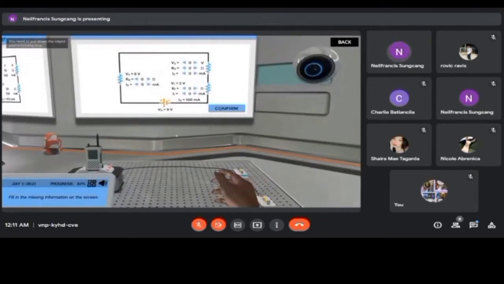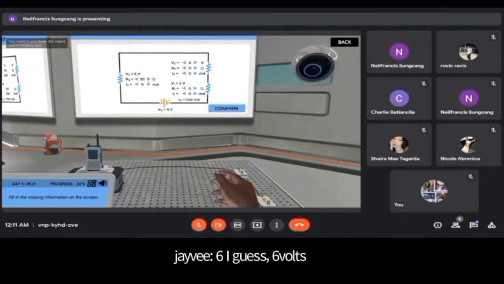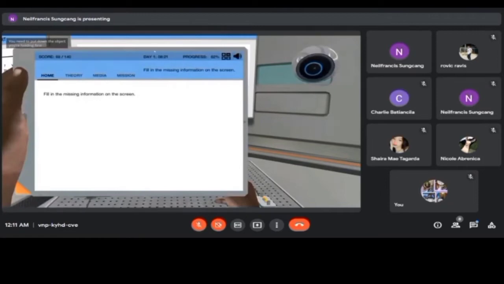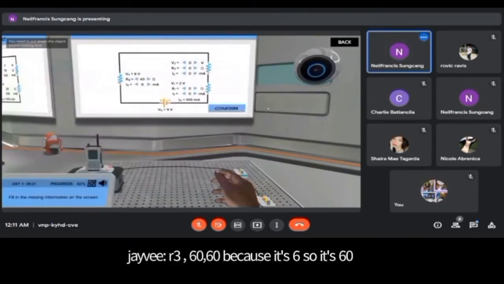So, simulan natin sa R3. Ano bang R3 natin? 6 ata. 6 volts. The R3, 60. Kasi 6 eh.